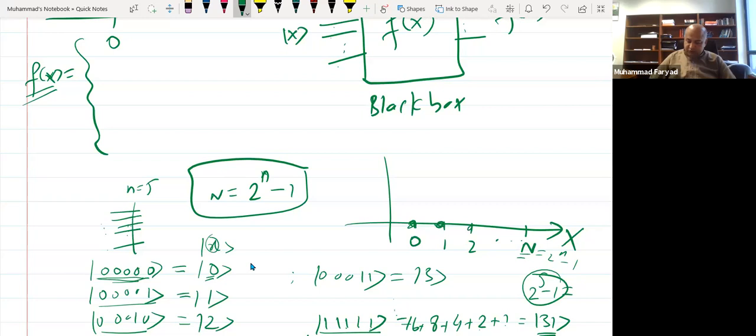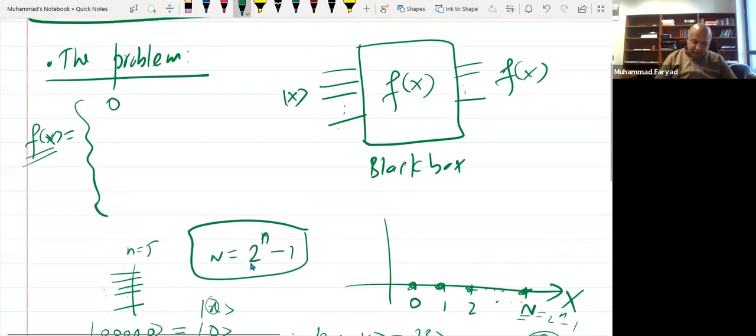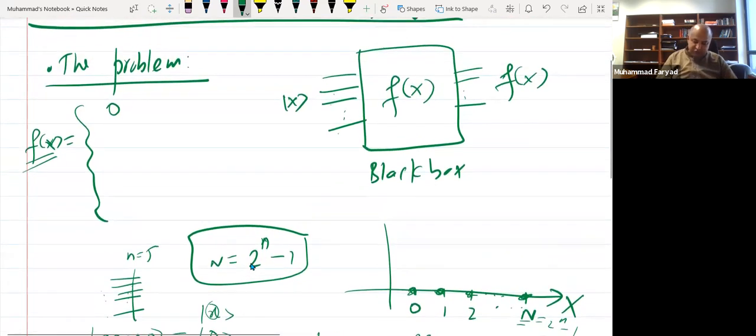Now the first possibility for f of x is that all the outputs are 0. So we are describing the problem. f of x is either 0 for all x between 0 and N. So this is one possibility for f of x.